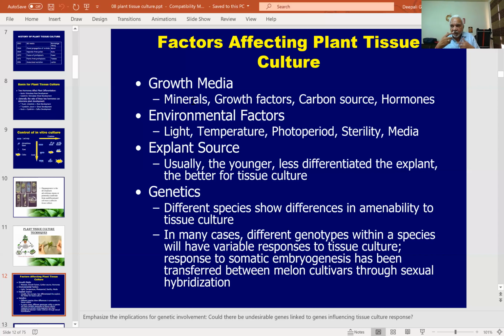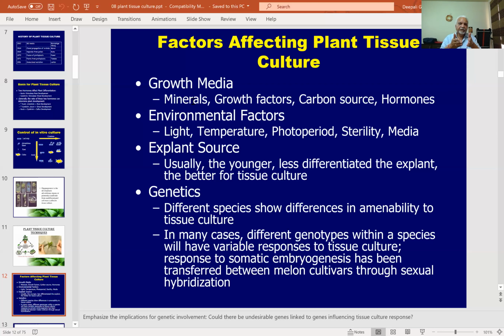And also what is the genetics behind. Among different genera or different types of plants, some plants are more amenable for in vitro cultures or manipulations as compared to others. Within the same genus, some species are more amenable as compared to other species.